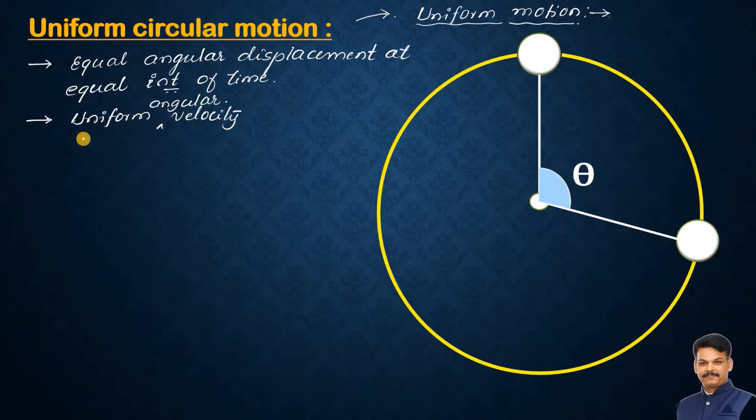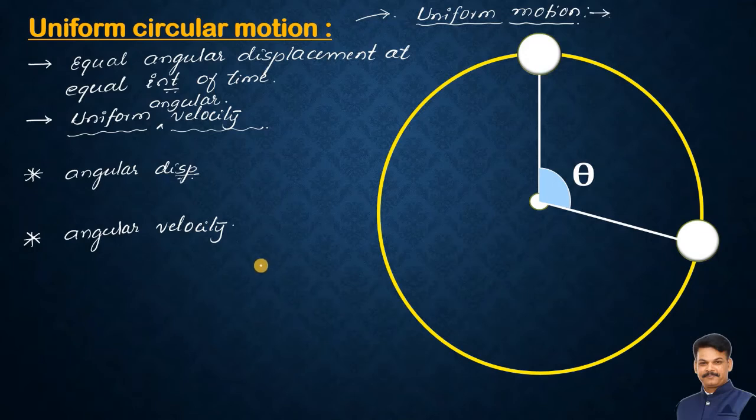Definitely the object will be moving with uniform angular velocity. Hence, the uniform circular motion of an object can be defined in both ways. You can define it by considering the angular displacement, or you can define it with the help of angular velocity.